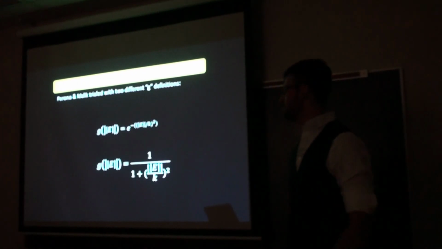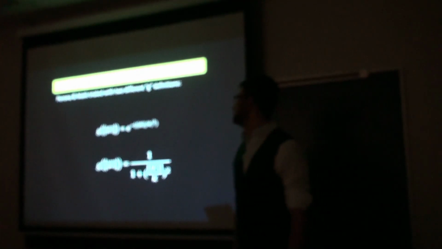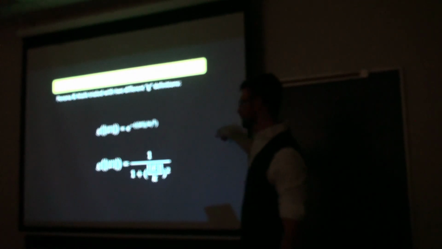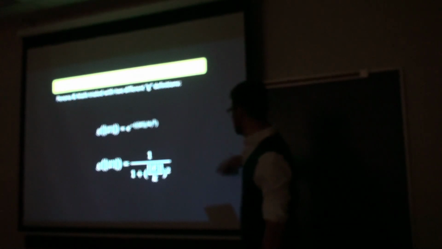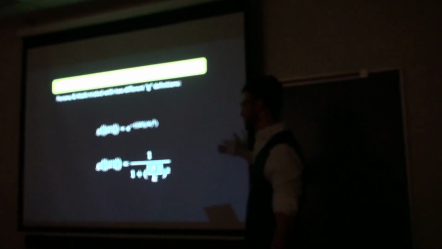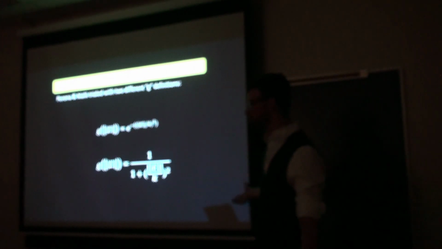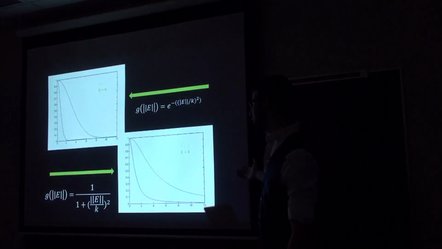So here's G. We have two different equations for this, right? This is a nonlinear function. A linear function would just be a straight line. These functions behave like an exponential function. So you could say 1 over 1 plus the norm of E over K squared would be a possible solution, right? Here are my two ideas, graphically interpreted.